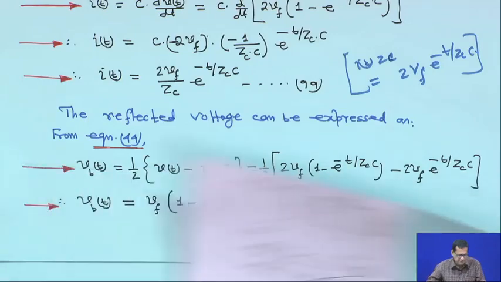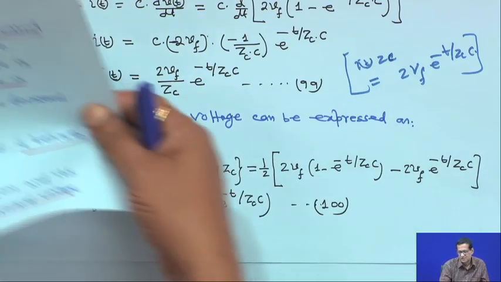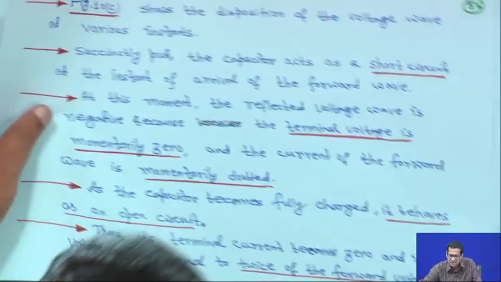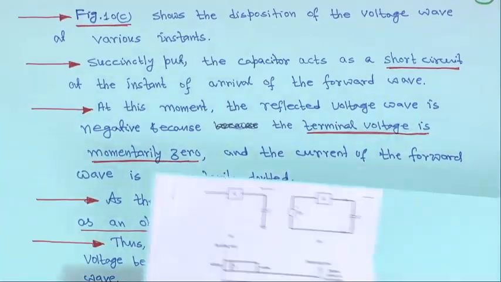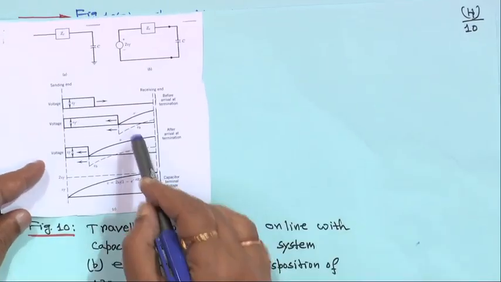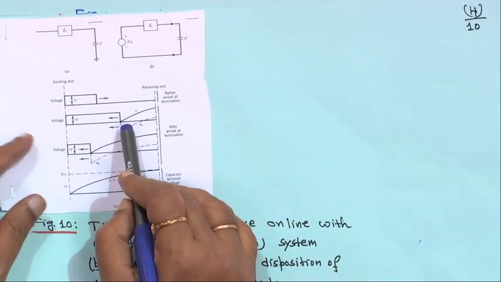In this case, just a little bit of understanding: this is the position of the voltage wave at various instants. Two instants are there; just look at the first one, that is more than enough.